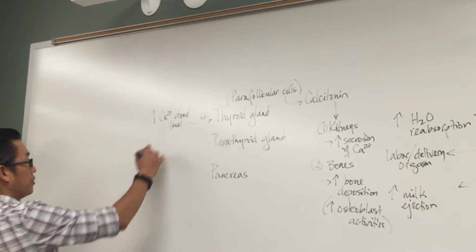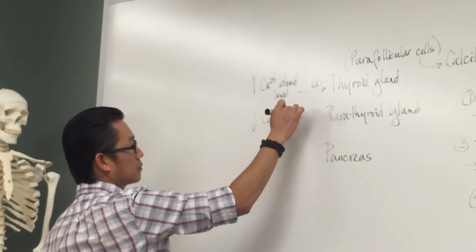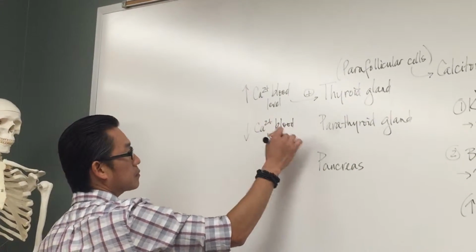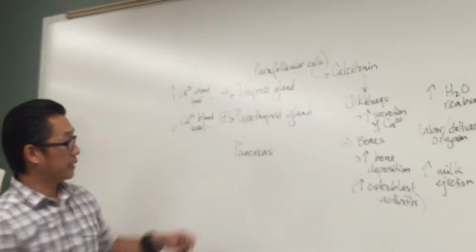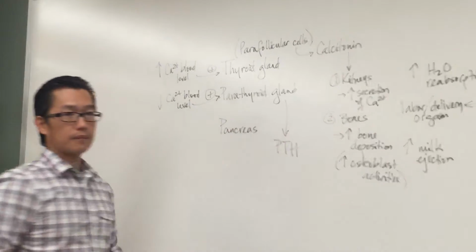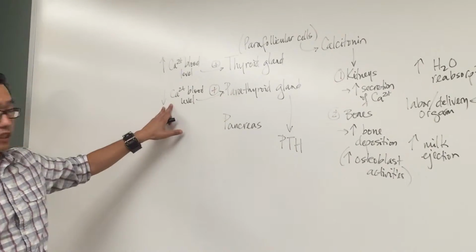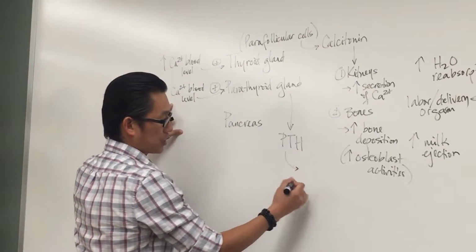All right. So you have a decrease in blood calcium level. That is going to stimulate the parathyroid gland to secrete parathyroid hormone. And because there's a decrease in calcium level, parathyroid hormone will go to a couple of different sources.